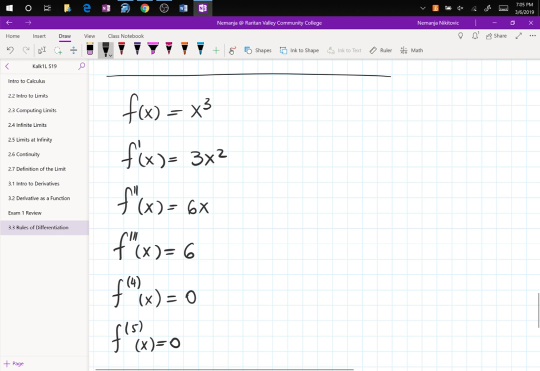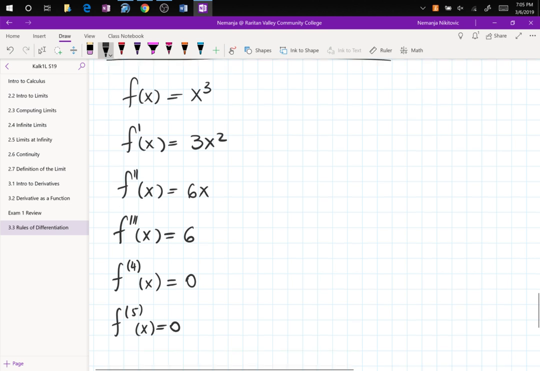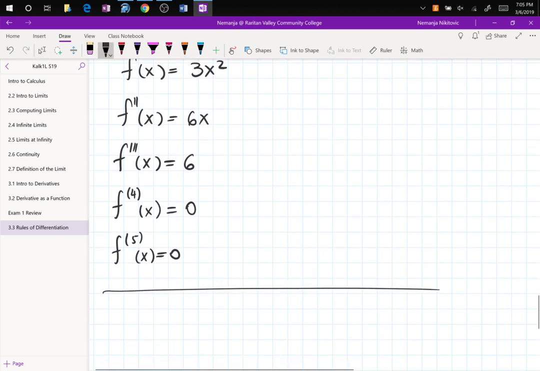So does this mean that all of your derivatives will be 0 if you go sufficiently far out? Eventually. Okay, let's try this one.